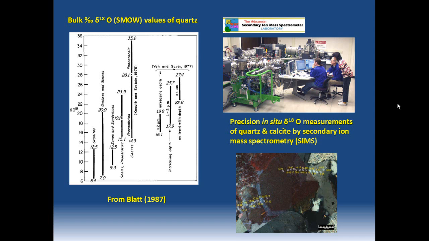Now, another way to tell how deep you are is by the temperature of the cements. But how do you tell the temperature of the cements? Well, Harvey Blatt, back in the 80s, published this paper, essentially looking at the O18 ratios. This was whole rock, so I think he dissolved the rock and did wet chemistry on this.